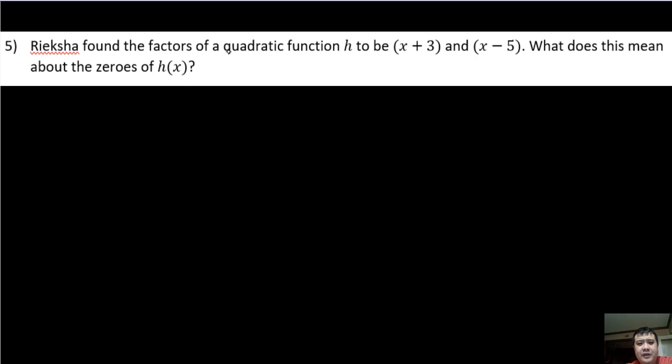Rashika found that the factors of the quadratic function h are x + 3 and x - 5. What does that mean for the zeros of h(x)?